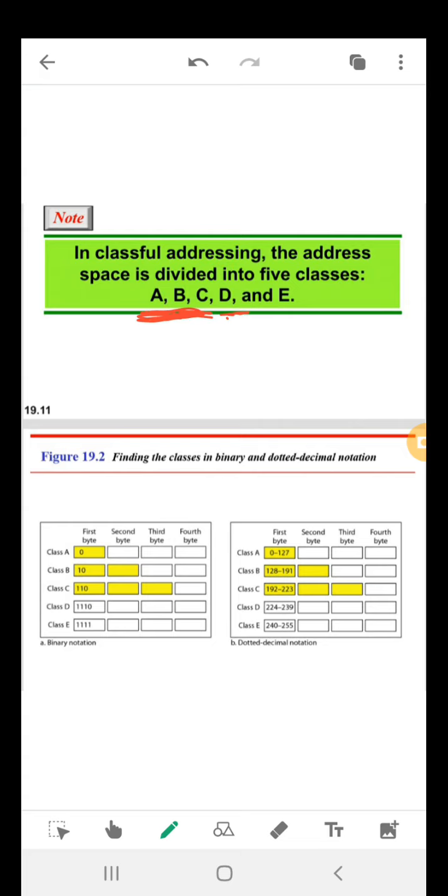If we use that multicast IP address, then the message will go to each member of the group. Class E IP addresses were reserved for future use, but they were never used, and until now it is free. There is no use of class E IP addresses till now.